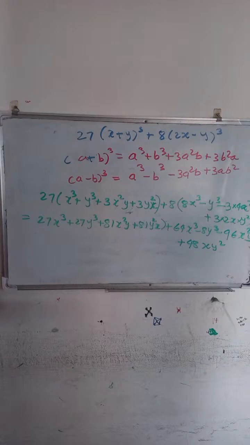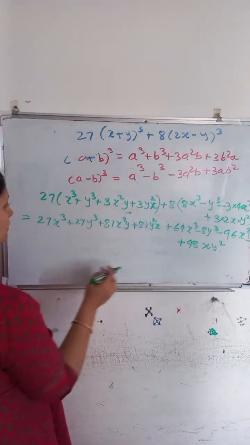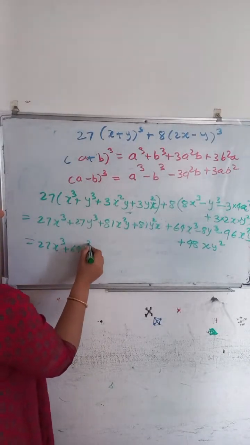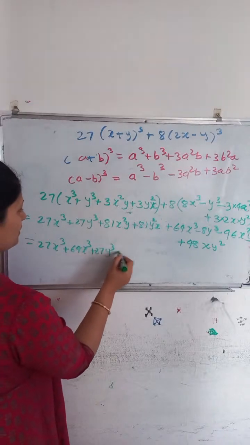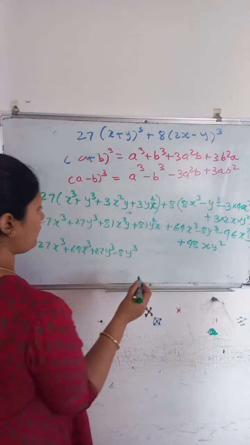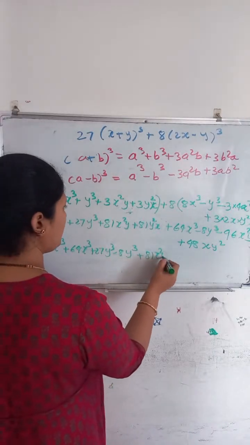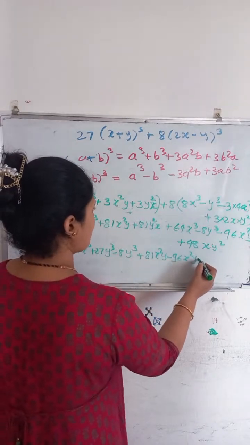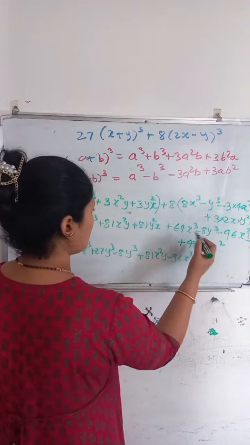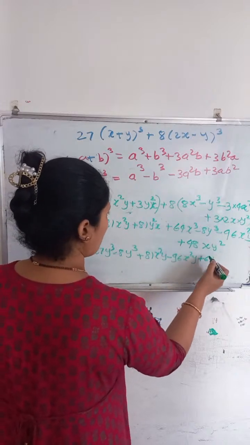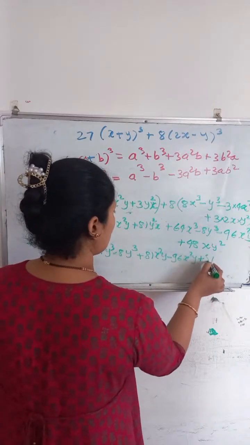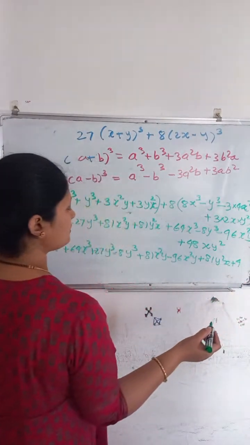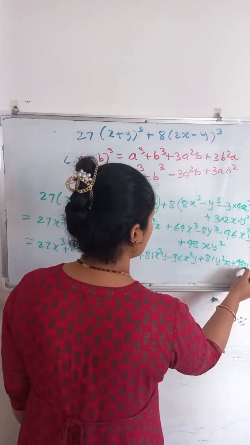So now you can simplify or collect the like terms together. Okay, 27x³ plus 64x³, plus 27y³ minus 8y³, plus 81x²y minus 96x²y, plus 81y²x plus 48xy².